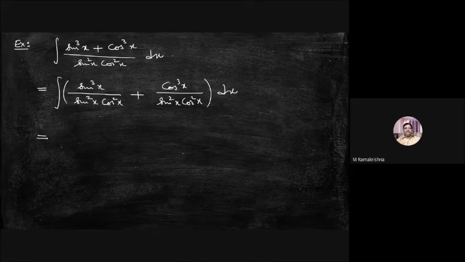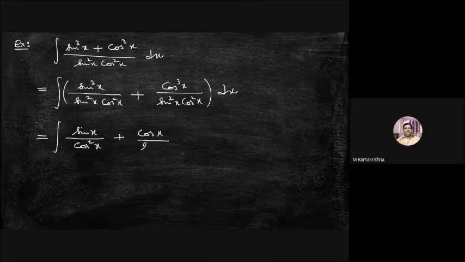The first step. Then sin cube x by sin square x, if you see, sin x will be left out in the numerator, sin x by cos square x in the denominator, plus cos x by sin square x in the denominator.